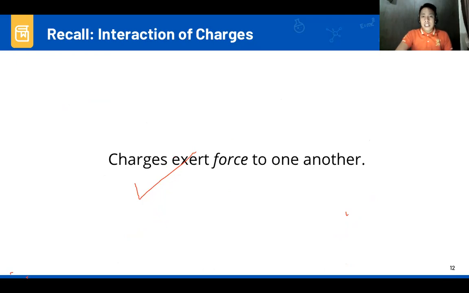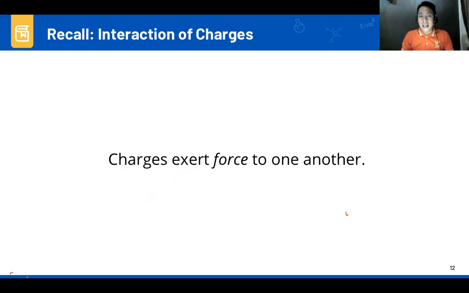And charges exert force on one another. What is that force? Anong exert na yan? What are the synonyms of exert? When we say exert, it's like nilalabas. Tama? So meron silang parang binubuhos na force to one another. Maybe they are attracting each other, pulling each other, or pushing each other.